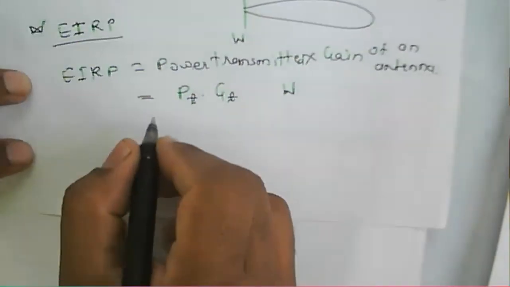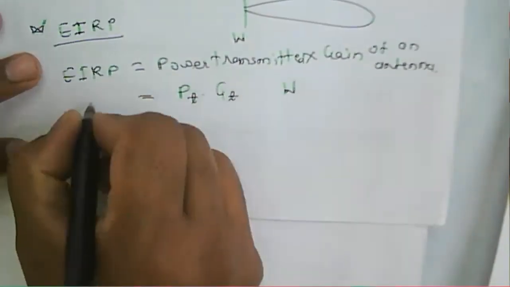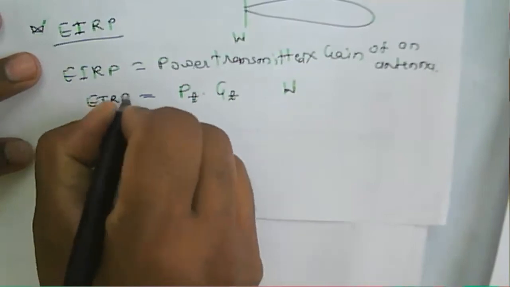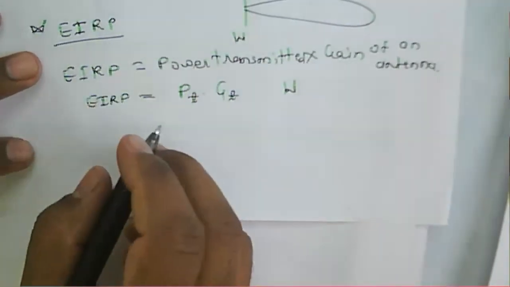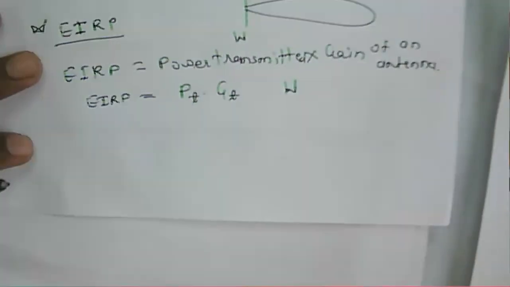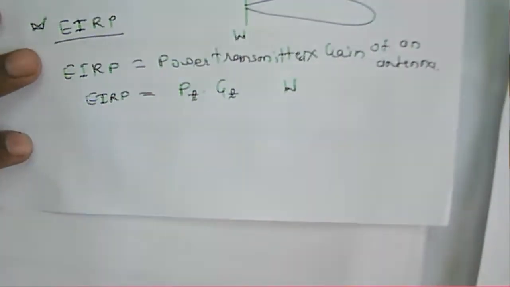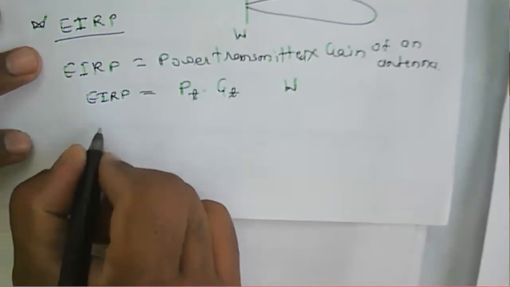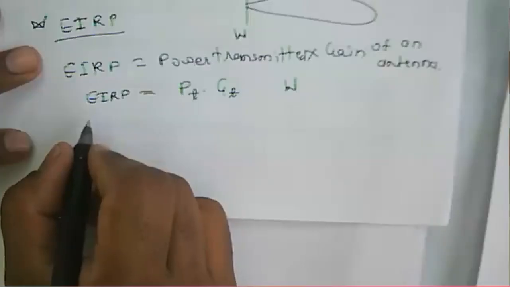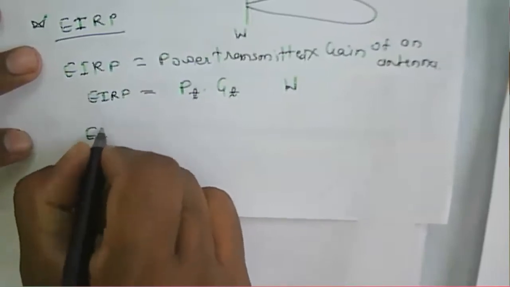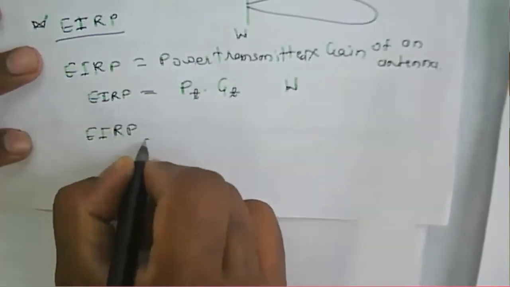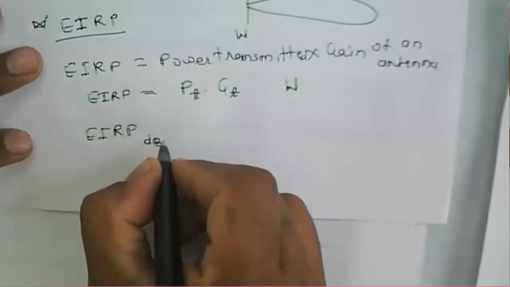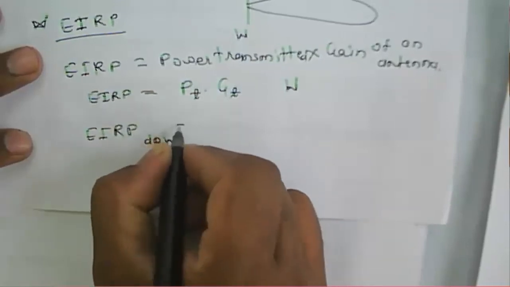So then EIRP is equal to PT into GT, that is in watts here. And if we express EIRP in terms of dB, then it will be in dB watt here.